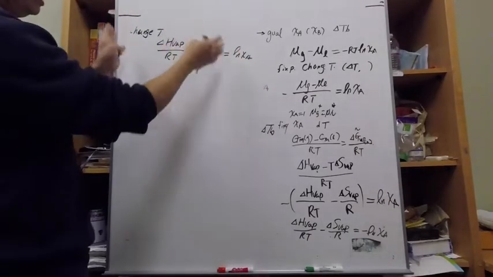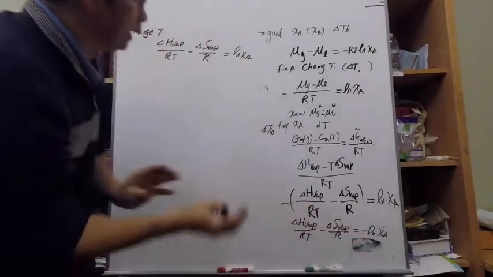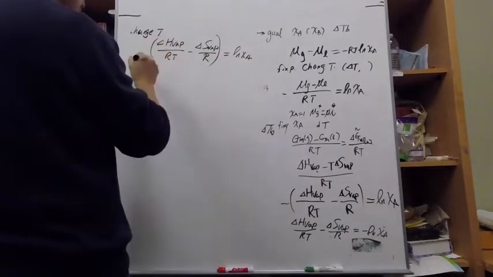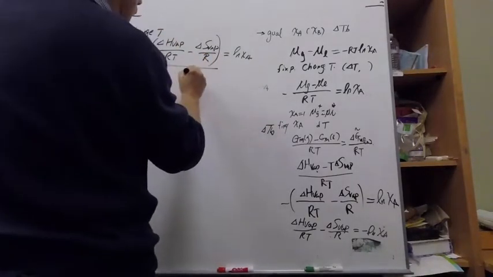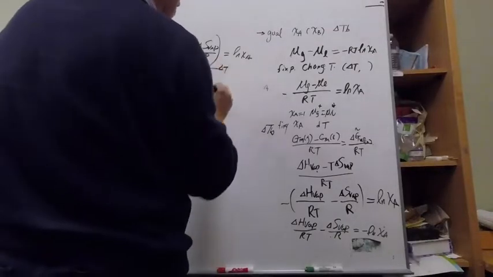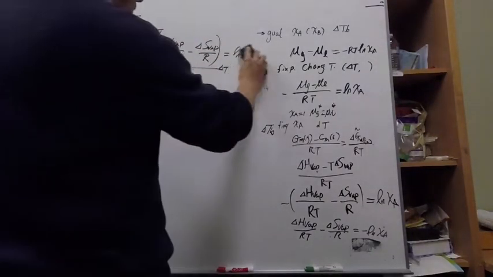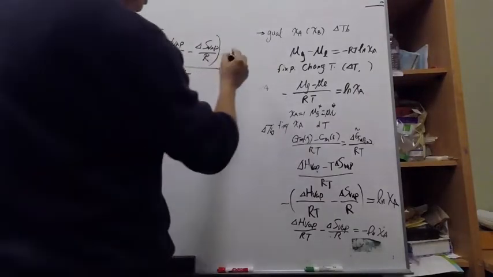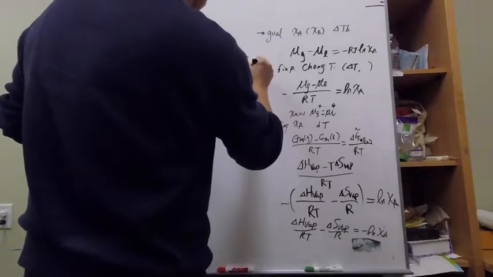Now, I'm not writing it like this, because this does not equal; we know this is less than by that, but we want to change this over dT, and then times delta T. So that's basically the mathematical formula. So that should be natural log XA.